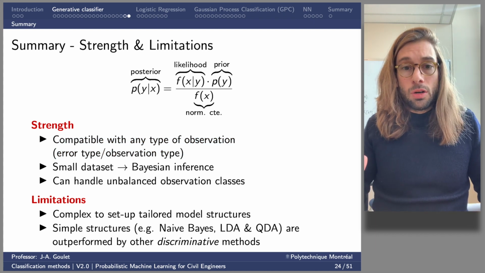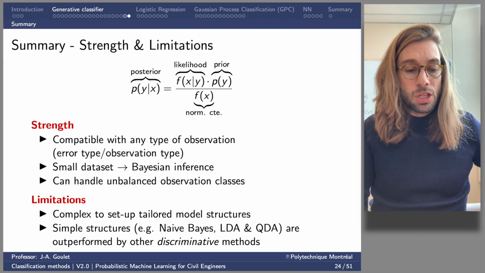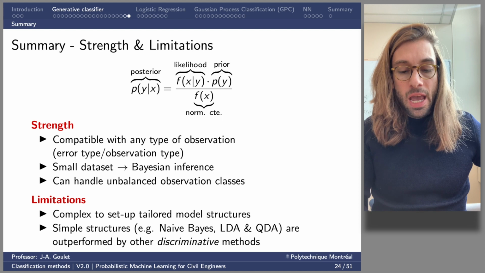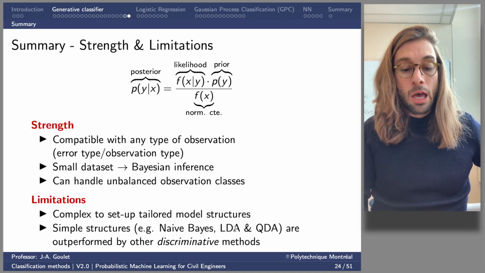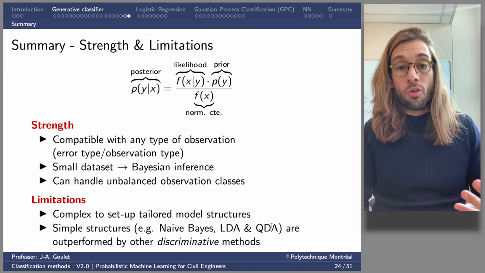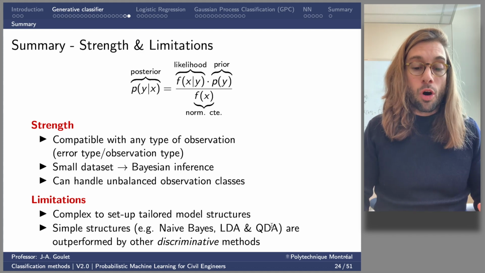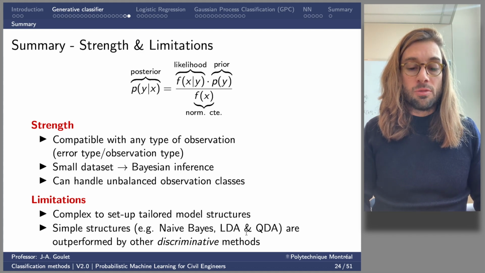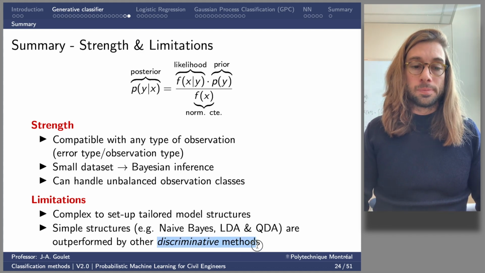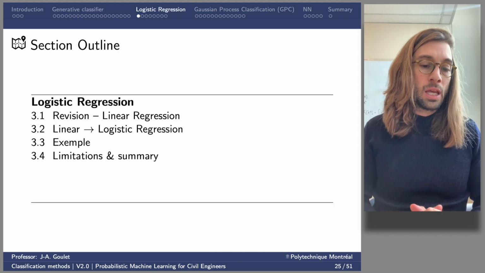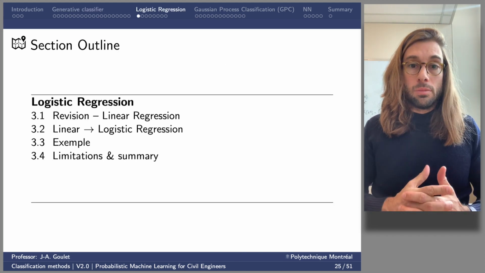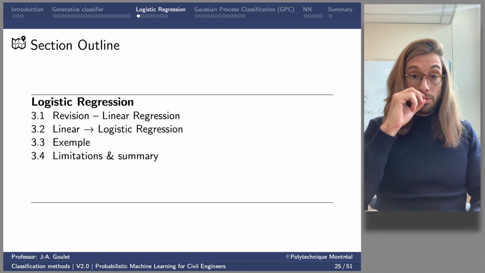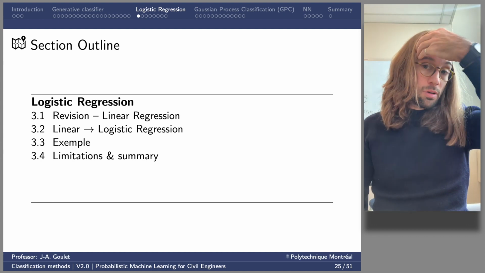So what you can do to go around this is to use simpler structures such as naive Bayes, LDA, or QDA, but the problem is that in terms of performance, they're typically outperformed by the discriminative methods we're going to see next.